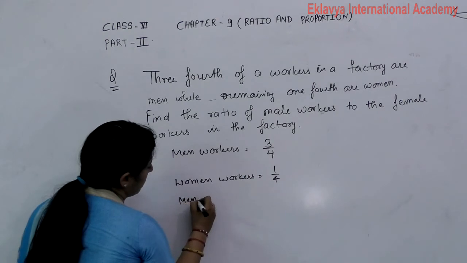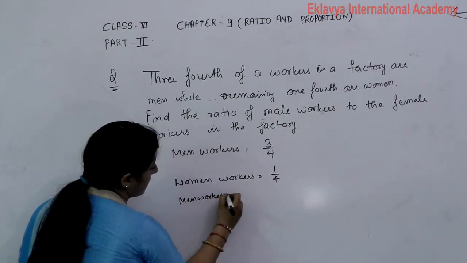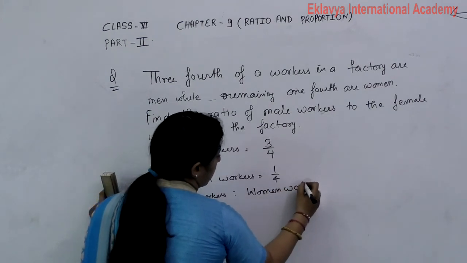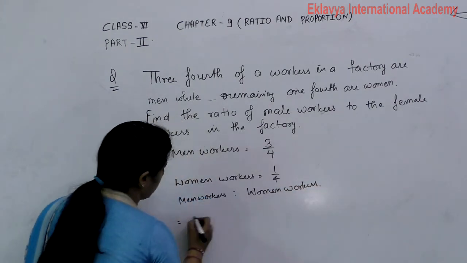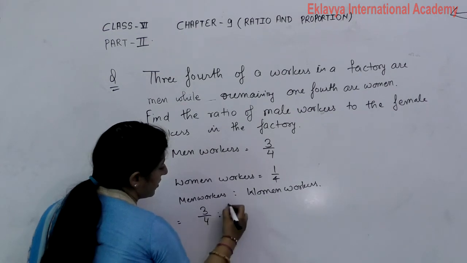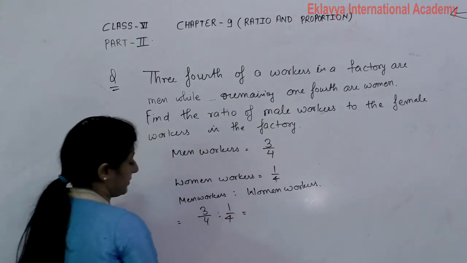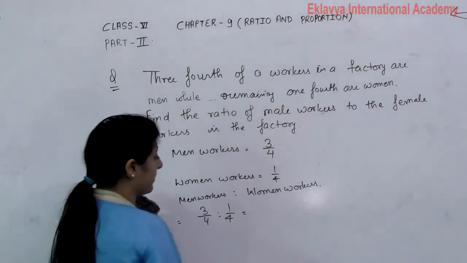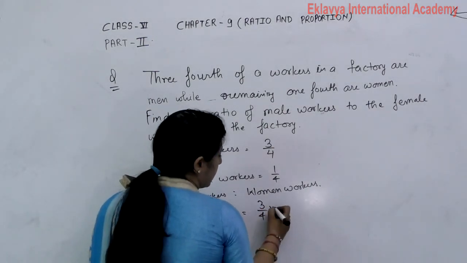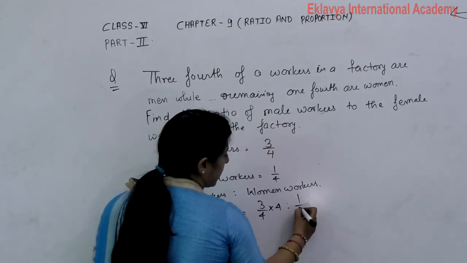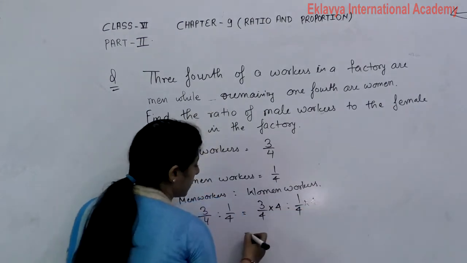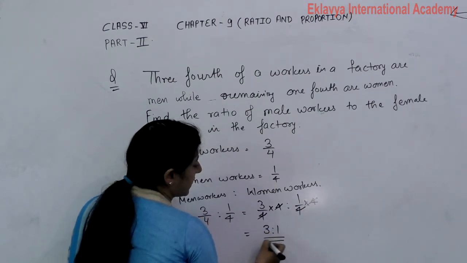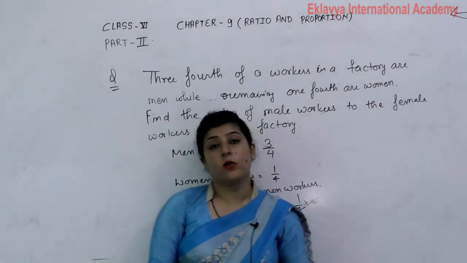Then the ratio of men workers to women workers is equal to 3/4 ratio 1/4. Both denominators are 4, which means there is no need to take the LCM. Directly multiply by 4 to both, then the 4s cancel out, and your ratio becomes 3:1.